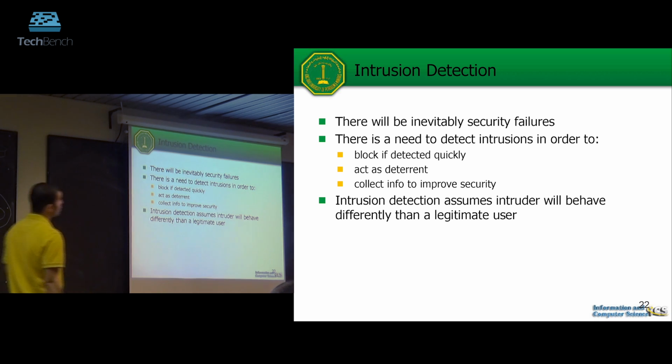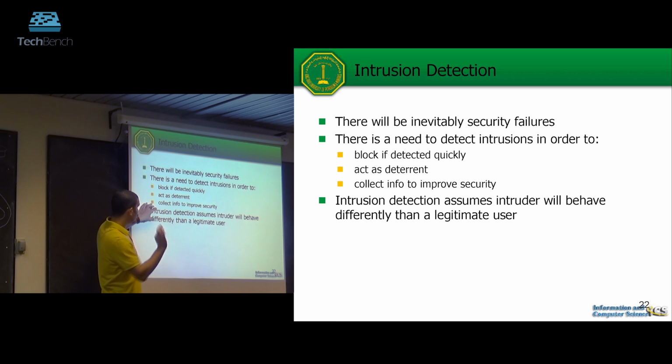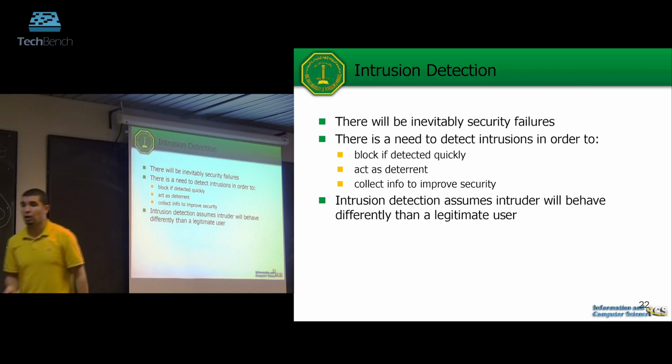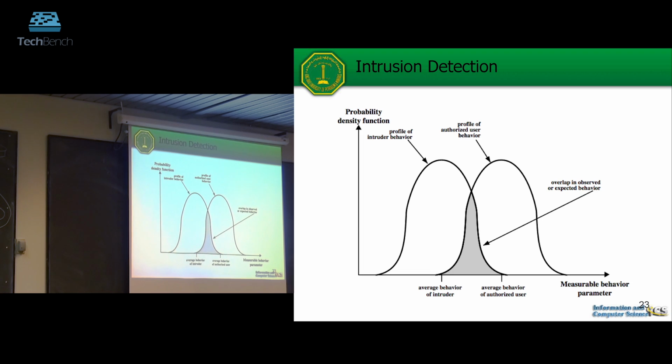So intrusion detection assumes the intruder will behave differently. This is the major detail that allows us to identify or detect intrusion: the intruder will behave in a different way than a normal user.